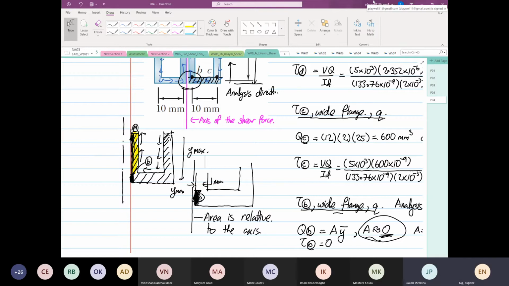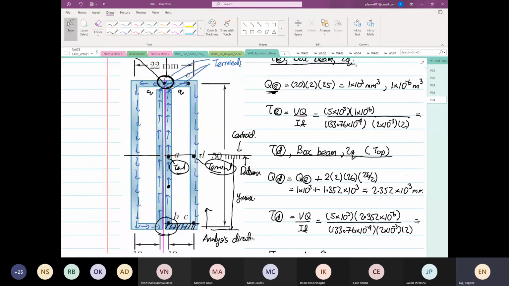I was just wondering, at the terminals, is it 0 shear stress? Or not necessarily? Be careful. You have to analyze. I don't want to generalize things. For this case, when I cover the top and bottom, the terminals are no more 0, right?